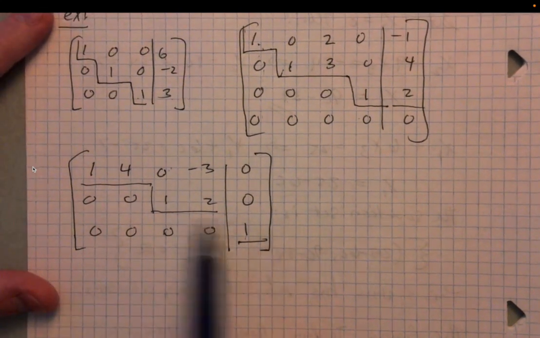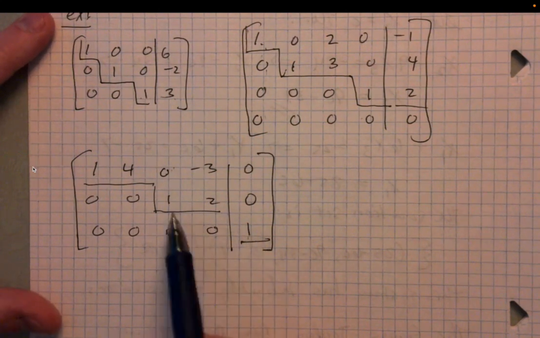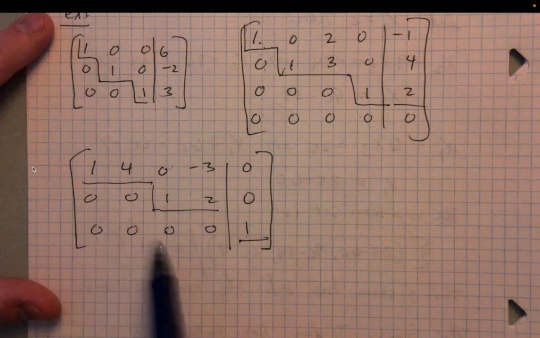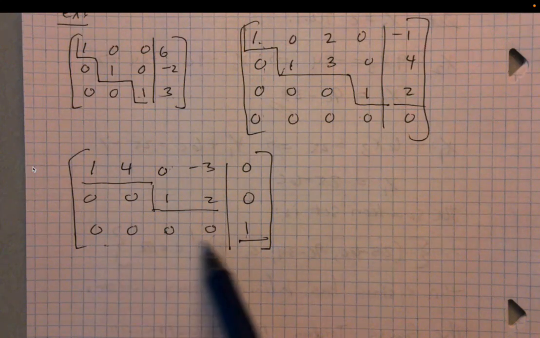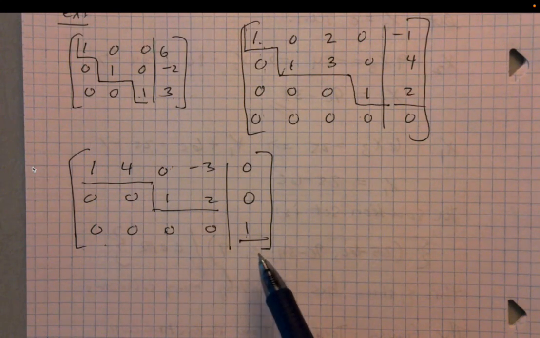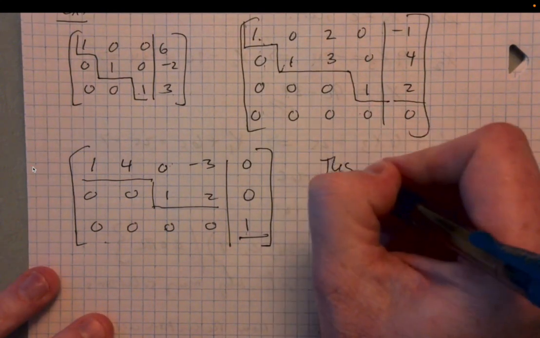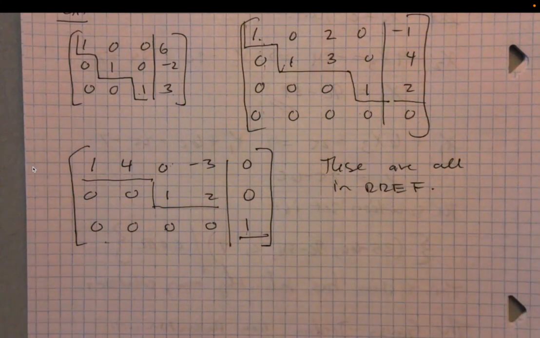You do have this lower row where all of the entries of the coefficient matrix are 0, but you have a scalar 1. This is okay, right? Because it meets the criteria. This would just be an inconsistent system, a system with no solution, because there's no x1, x2, x3, x4 that's going to satisfy its last equation. But these are all in RREF form. Okay, they're all in reduced row echelon form.